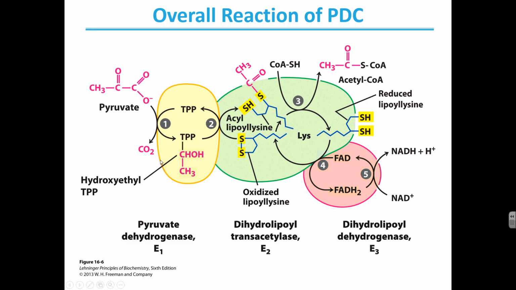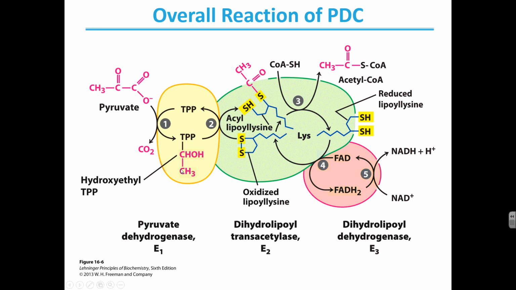So this is our first fully oxidized carbon that we're releasing from our original glucose molecule. The TPP is part of your enzyme 1. TPP serves as an acceptor of your acetyl group that came from pyruvate here. So TPP kind of acts like a swinging arm. It can then bring your acetyl group directly to interact with your second enzyme.